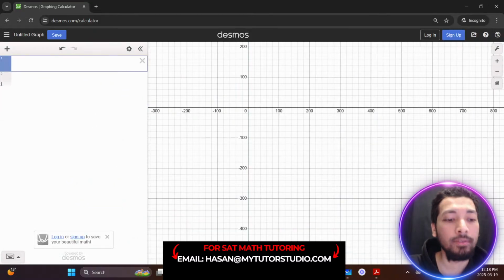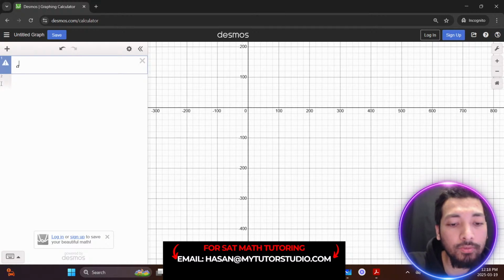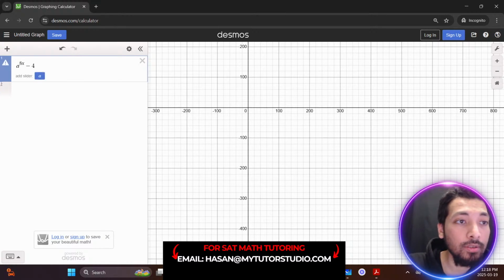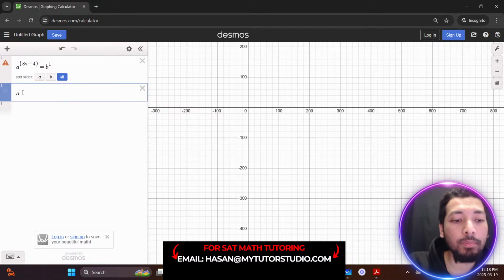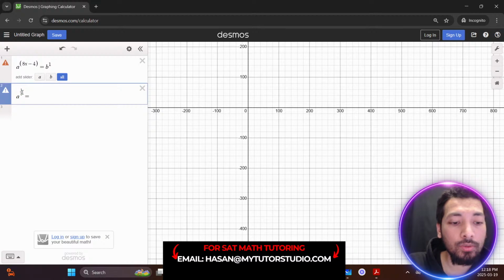So we know that a to the power of 8x minus 4 is equal to b to the power of 1. And we also know that a to the power of 1 over 5 is equal to b to the power of 1 over 3.